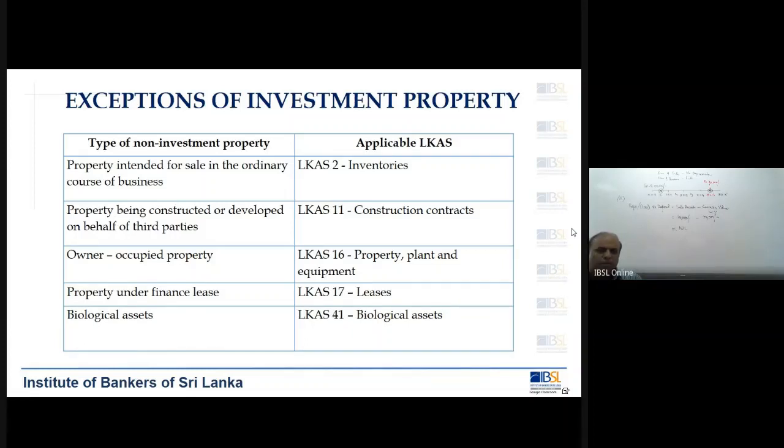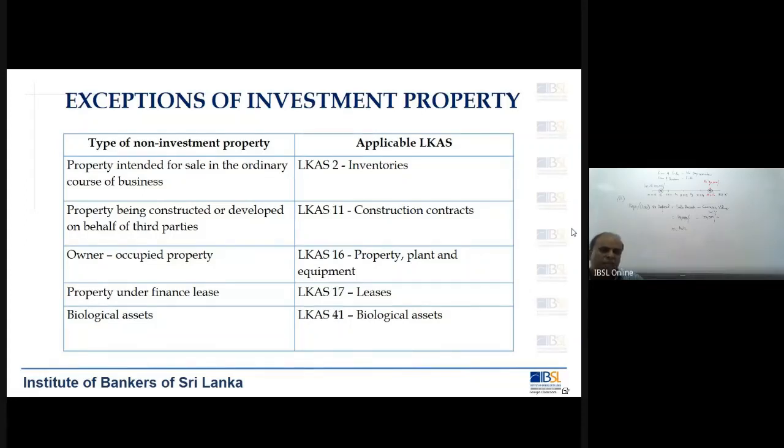If you look at a condominium building where you will get about 50-60 houses, those cannot be called investment property because their intention is to sell those 60 units. So that is covered under LKS 2, which is called inventories.